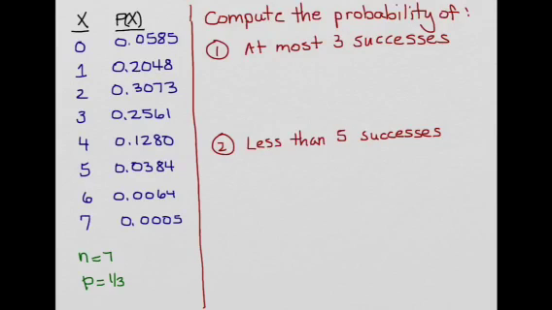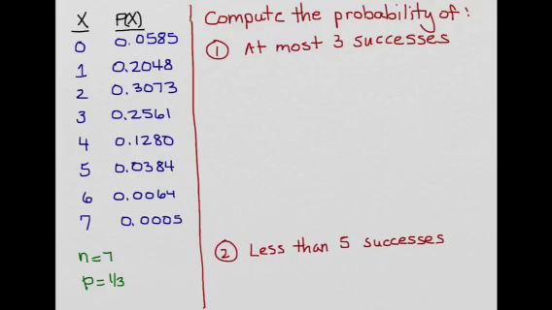So now we want to compute some other probabilities that are called cumulative probabilities. I'm going to move this down to make some more space here. Okay, so first of all, we want to calculate the probability of at most 3 successes. Now there's 2 ways of doing this, and I'll show you the first way and then I'll show you a second way.